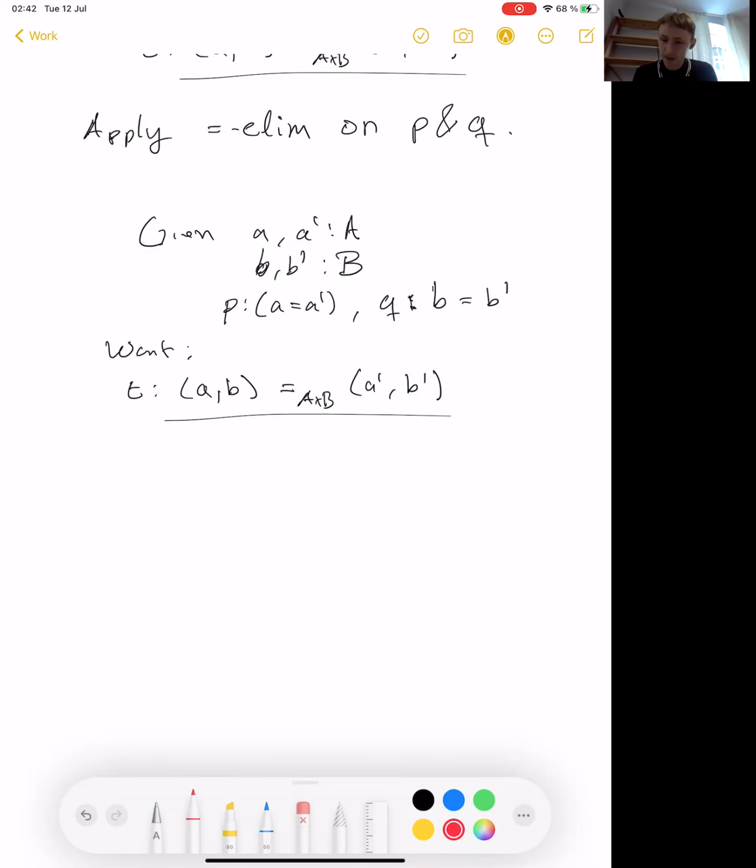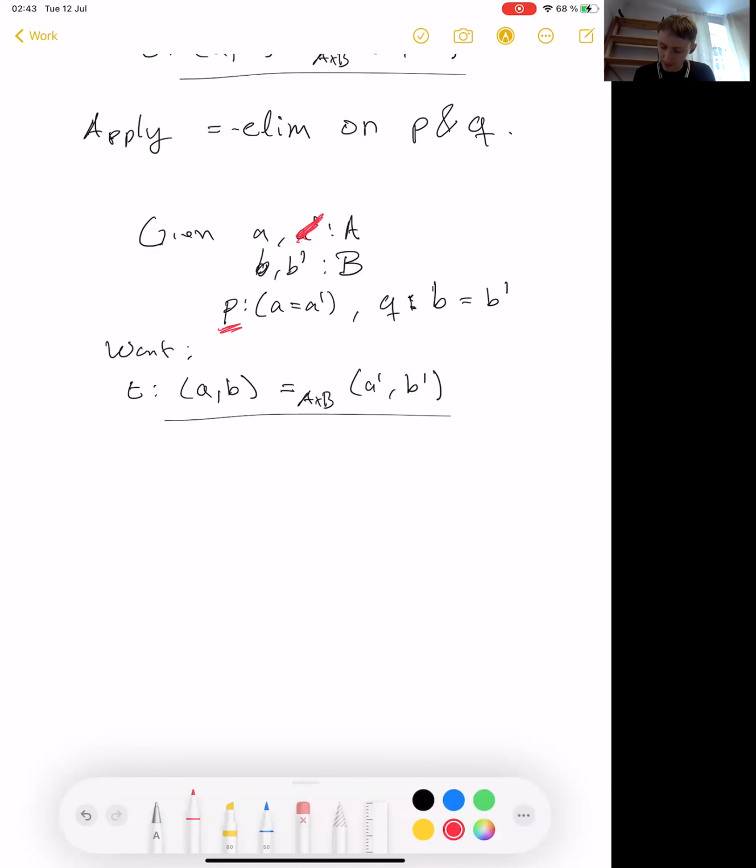Okay, so after we applied identity elimination or path induction on P and Q, what happens now is that this P here is no longer a path from A to A prime, because when you apply path induction on P, A prime gets identified with A. So all the A primes are gone.